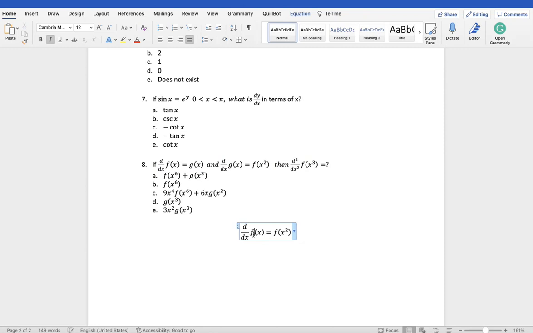Let's say you're looking for the derivative of some function f that is of the third order, meaning it's in x cubed. The chain rule tells you that you take the derivative of the outside function first, which is df/dx, and then you derive the inside function, so in terms of x as well.